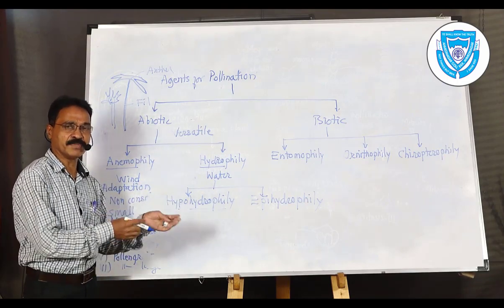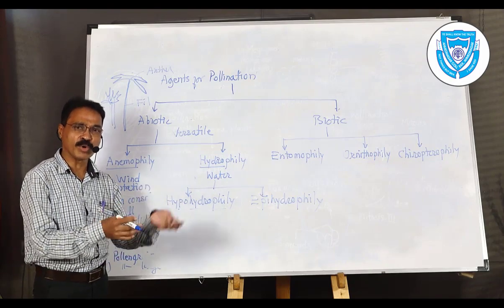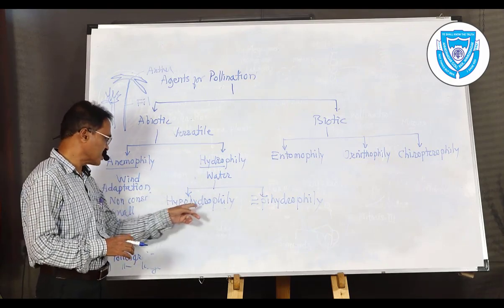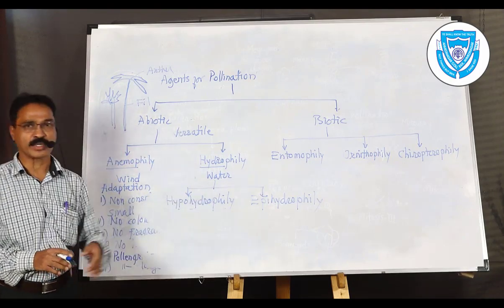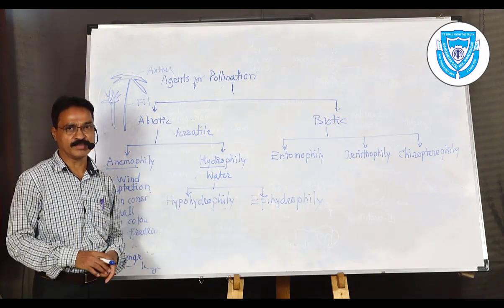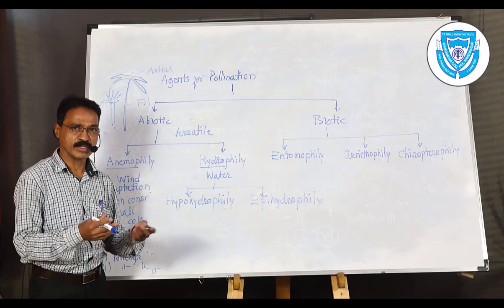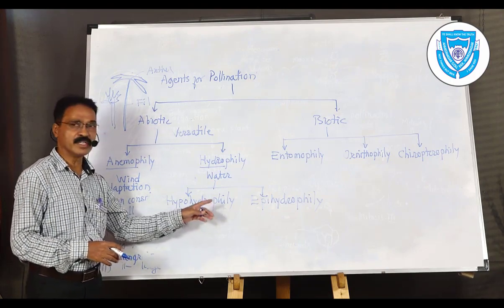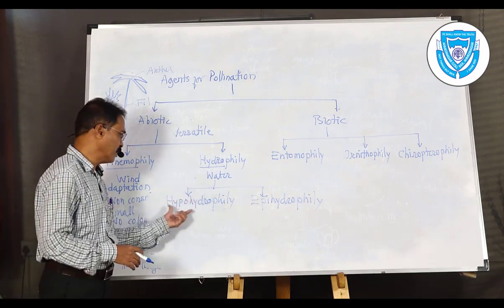You can say the specific gravity of this pollen grain is more than the water, so these pollen grains sink to the bottom and are easily taken by the stigma of the plants or the flowers, and they can do the easy pollination.